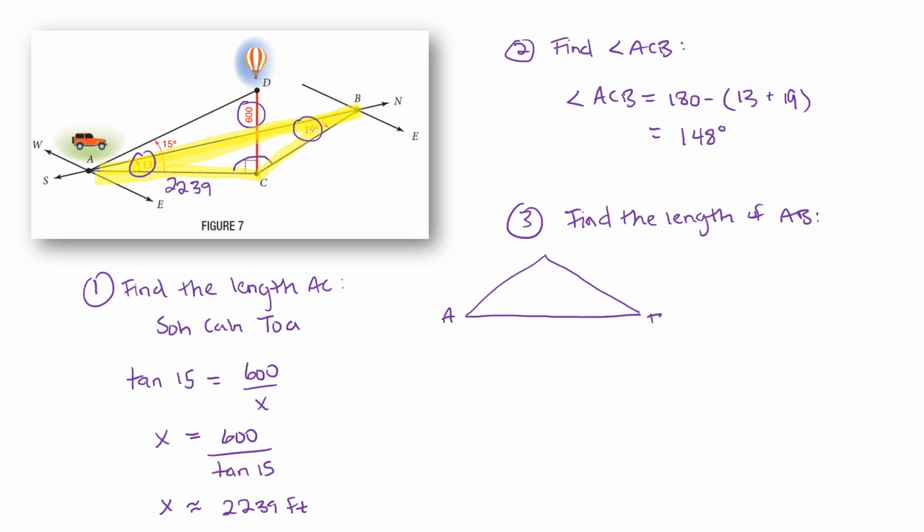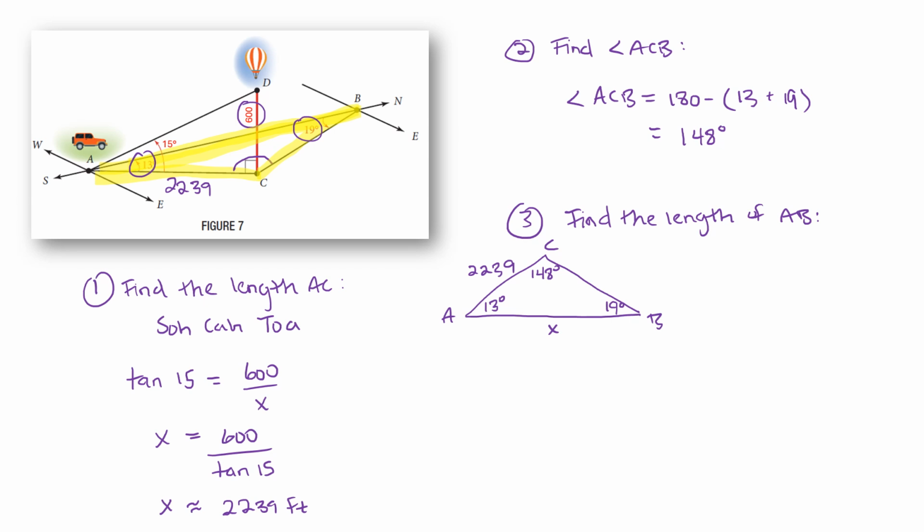This is A, B, C. We know C is 148, A is 13, and B is 19. Side c is what we're trying to look for, because that's AB. Side b is 2,239. Side a isn't given to us, but it's not something we are looking for.